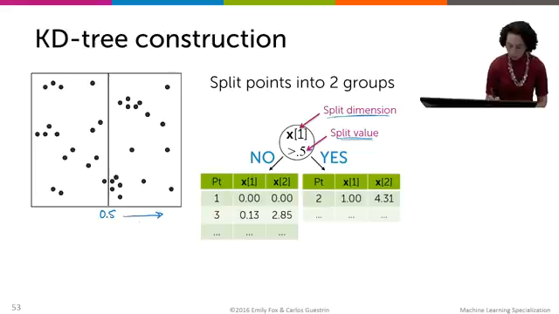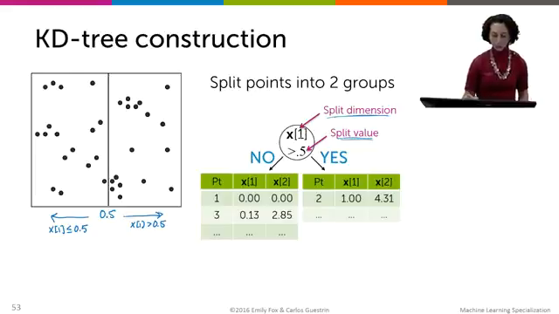Everything to the right are cases where this first feature takes values greater than 0.5, and everything to the left are cases where the first feature takes values less than or equal to 0.5. So if a data point's first feature has a value greater than 0.5, we place it in the yes table, the table to the right. Otherwise, it goes into the no table, the table to the left.